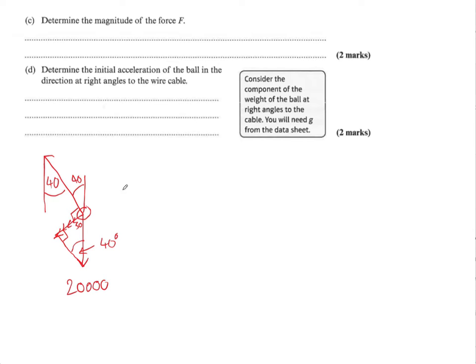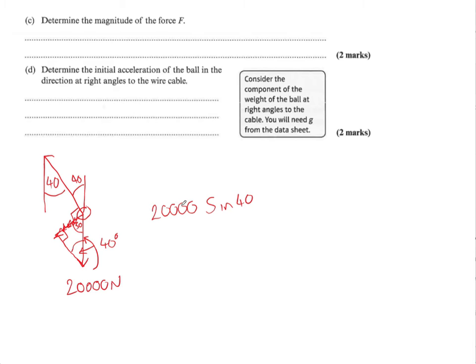Now we need to find the magnitude of this here to find out how big the force actually is. The hypotenuse is 20,000 newtons. That's the resultant, and the resultant can be split into a vertical component and a horizontal component, two components at 90 degrees. To find the value of this, which is the accelerating force, I need to do 20,000 sine of 40 degrees, because sine is opposite over hypotenuse, and this is definitely the opposite.